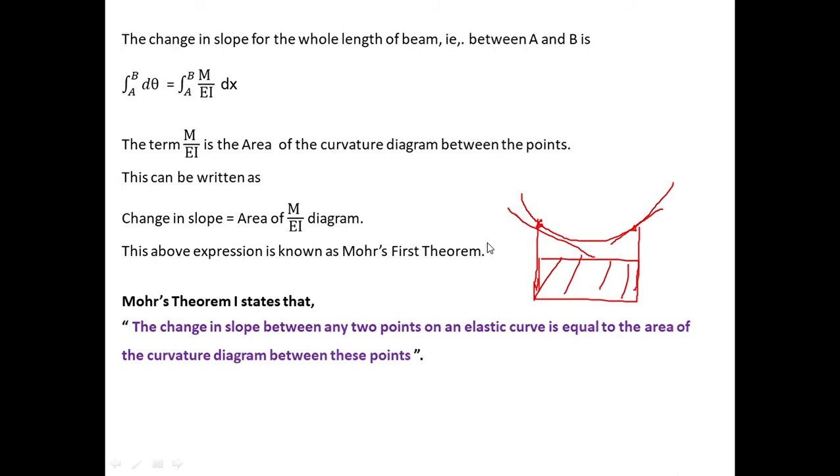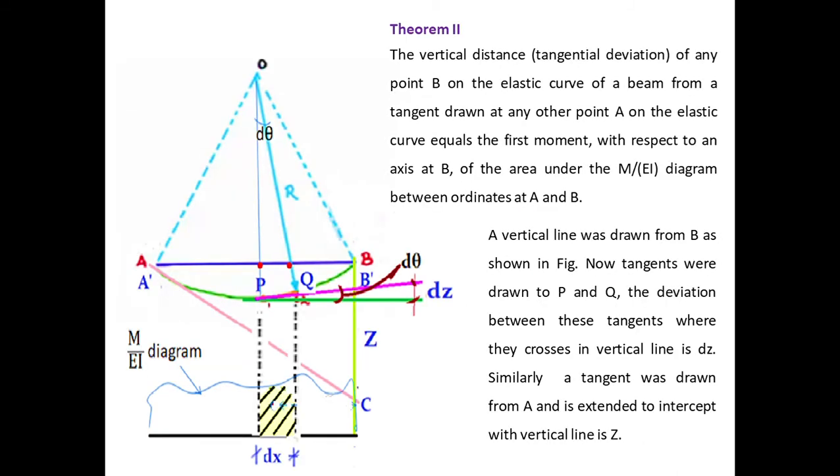Okay. Now, theorem 2, we will discuss theorem 2. What does theorem 2 say? The vertical distance is not deflection. Deflection is different, right?